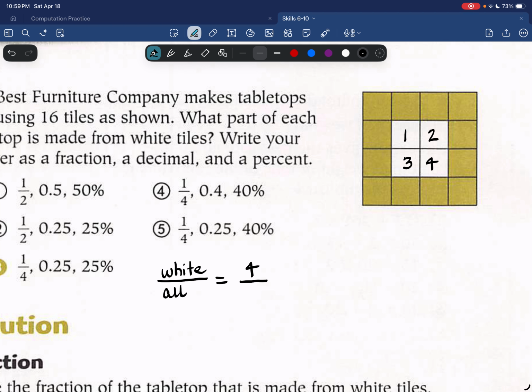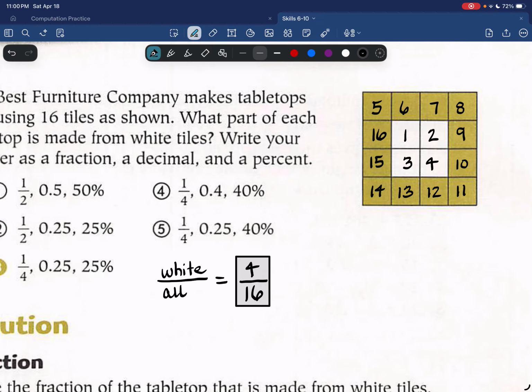And there are, I'm going to count up, 5, 6, 7, 8, 9, 10, 11, 12, 13, 14, 15, 16 total. So that initial fraction is 4/16.